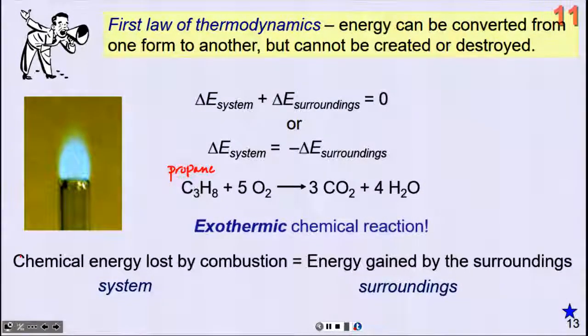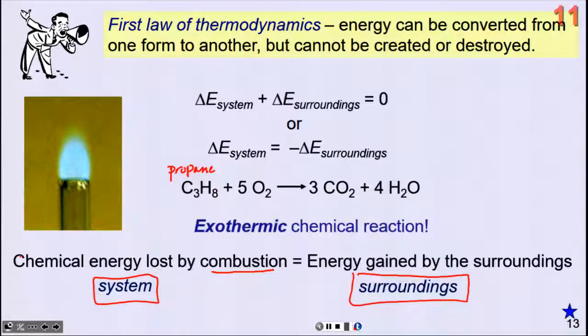And so the chemical energy that is lost by combustion of the propane is equal to the energy gained by the surroundings. Well, the system versus the surroundings. And so the energy lost by one is going to be a negative sign because it's an exothermic reaction. And the energy gained by the surroundings is going to be a positive sign because the surroundings is getting hotter, is gaining energy.